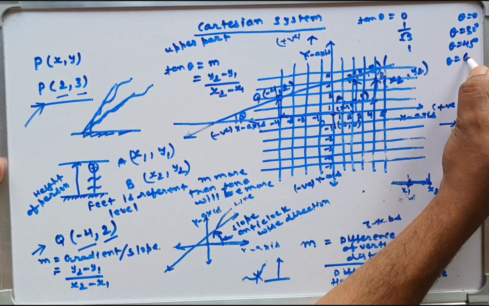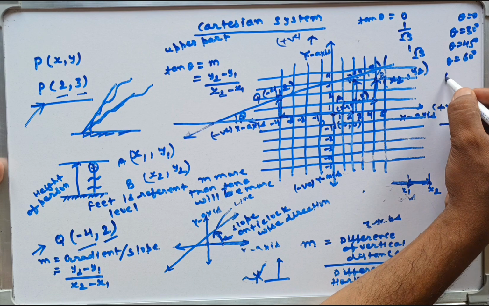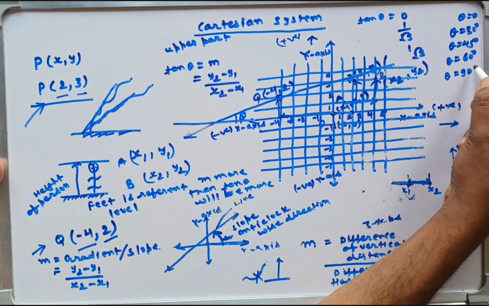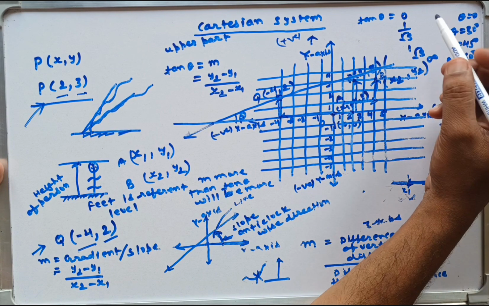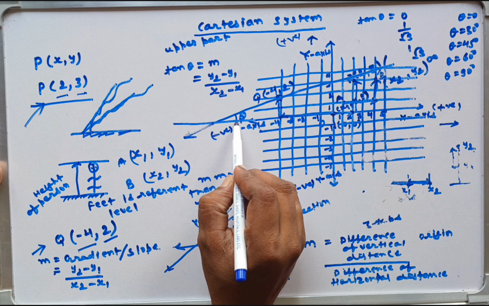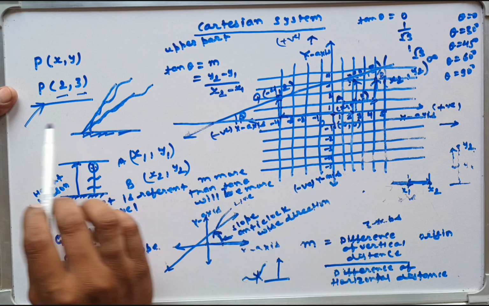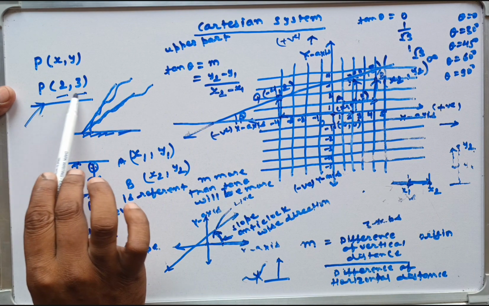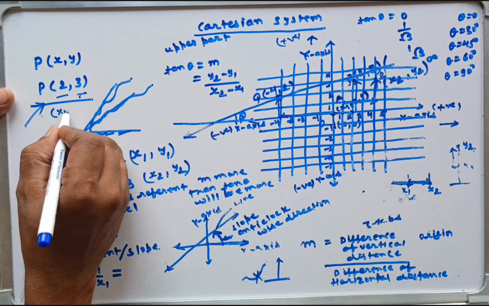If theta is 60 degrees, this value is root 3, and for theta equal to 90 degrees, this is infinite. So guys, what you see is, when the angle of a line increases, then steepness increases.